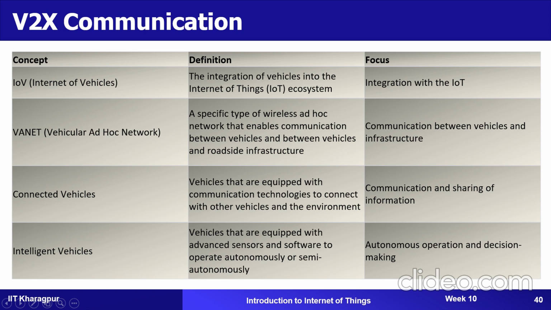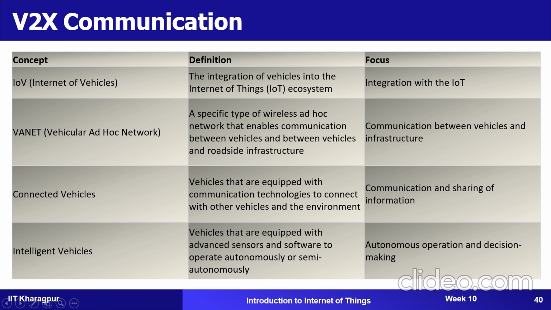Connected vehicle means vehicles which consist of different types of sensors and are able to communicate with each other with the help of VANET. So the network which is used is VANET, and the vehicles are connected with the help of VANET.